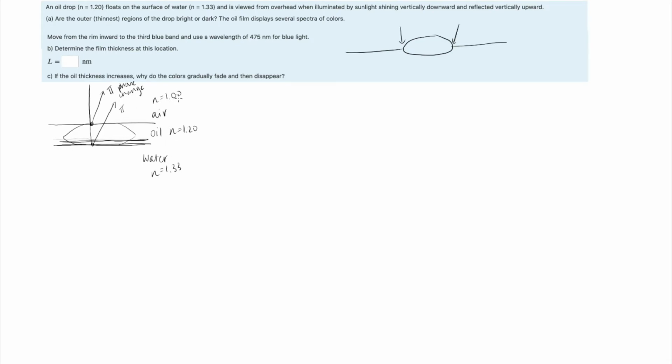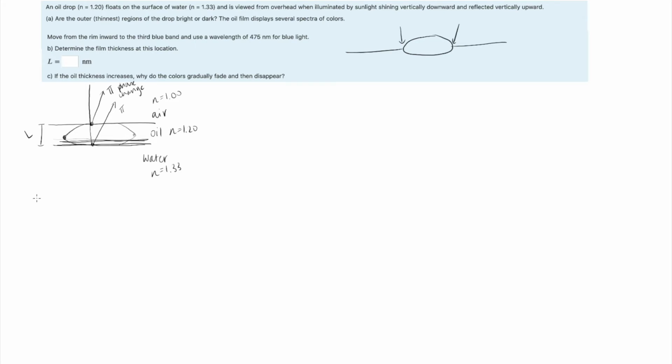And that's because the refractive index of oil is greater than air and the refractive index of water is greater than oil. Okay. Remember also that the width of the oil drop is going to be L, and it's going to be smaller at the point where it is thinnest, and L is going to be larger at the point where it is greater.